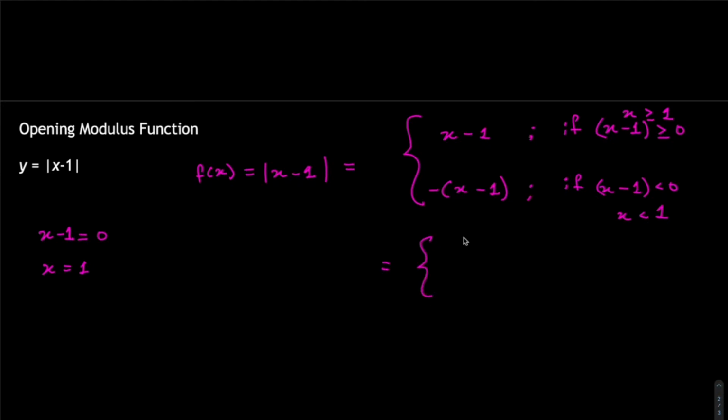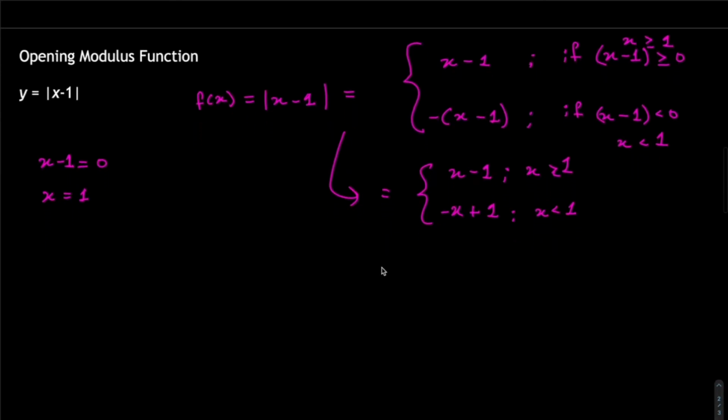I'm going to have x minus 1 when x is greater than or equal to 1, and I'm going to have minus x plus 1 when x is less than 1. So this is my final simplification of this modulus function.